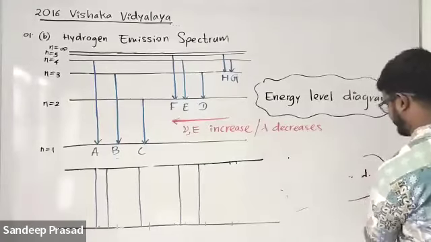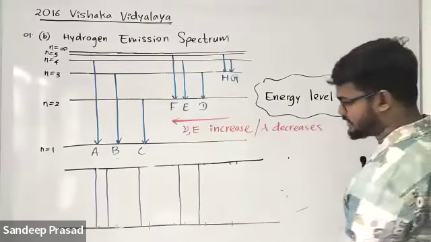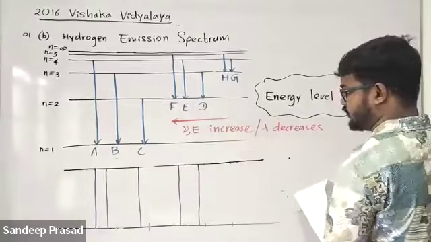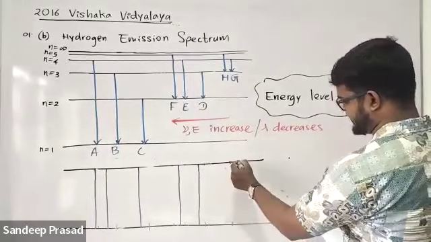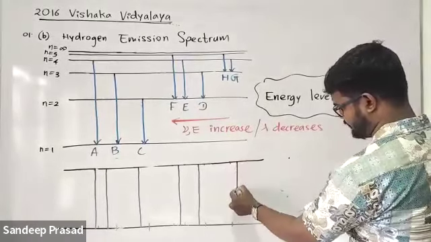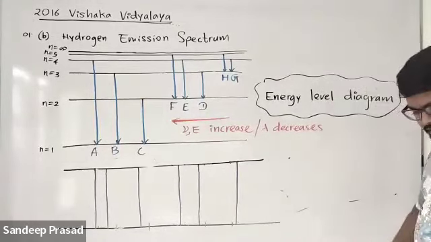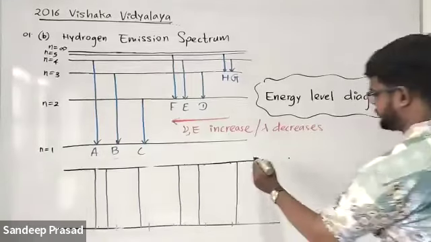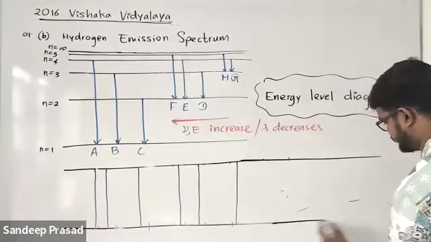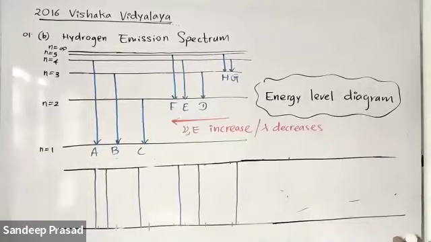And the next one. Look at that. So the next one is what? Which line should come there? C. We have to put here a large gap. Okay.